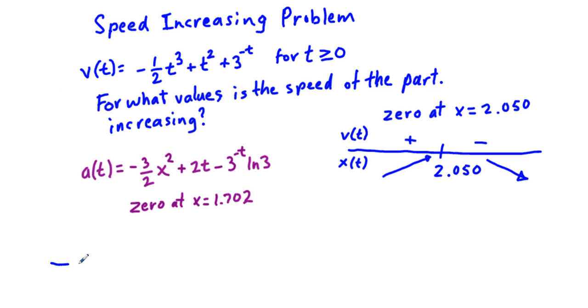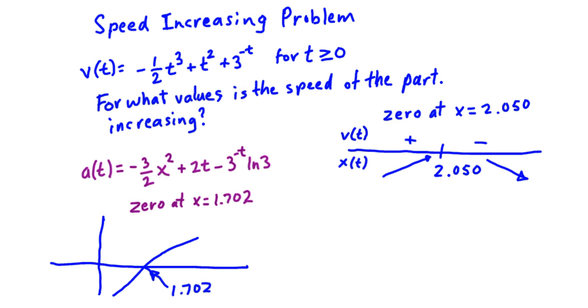And I think when you graph, the deal looks like this. You have a graph, and I think this thing starts negative, if I'm not mistaken, and goes up through this critical number, which is 1.702.